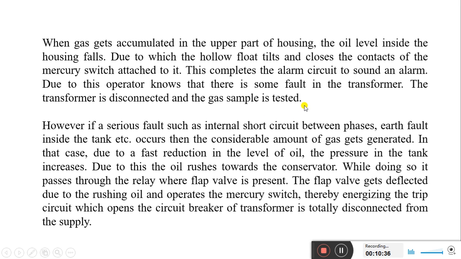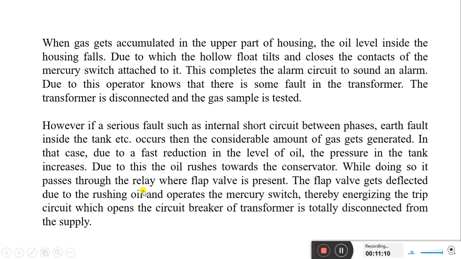and the transformer is disconnected and the gas sample is tested. Now in the second case, if there is a serious fault such as an internal short circuit between the phases or an earth fault inside the tank, etc. occurs, then a considerable amount of gas gets generated. In that case, due to the fast reduction in the level of oil, the pressure in the tank increases, and due to this, oil rushes towards the conservator.